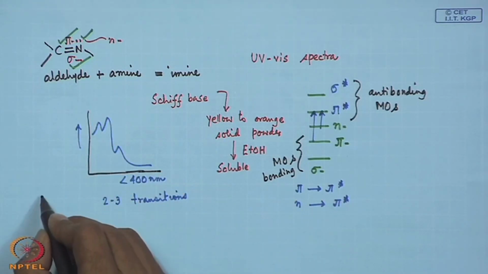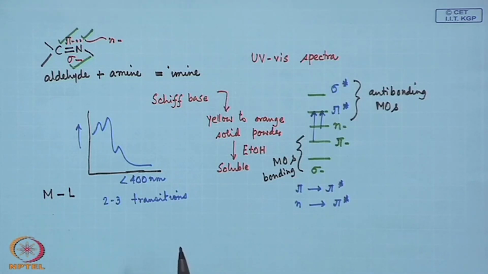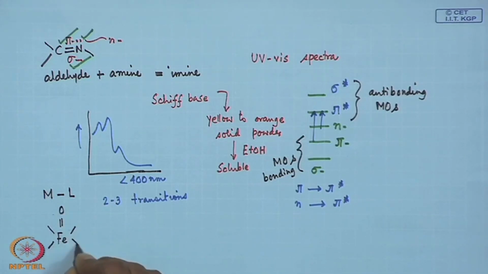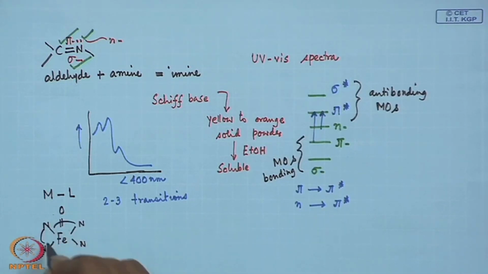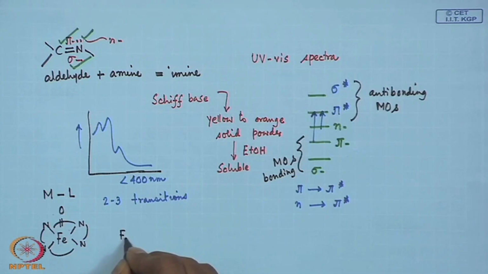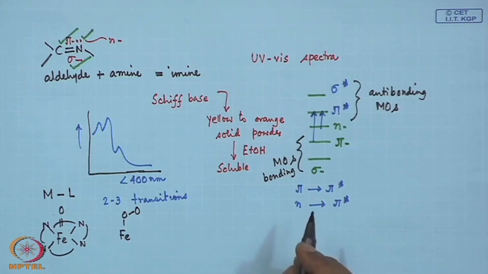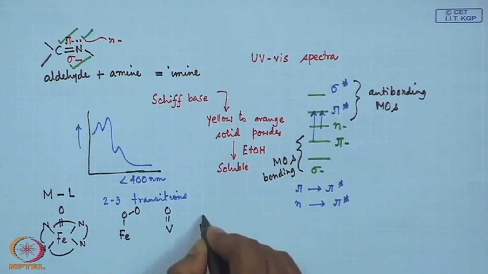Only thing that we are now having, instead of carbon nitrogen bond formation, is metal ligand interaction, and sometimes this metal ligand interaction can also be a multiple interaction. What we see in case of several iron oxo compounds which we get in biological systems is that we can have the iron oxygen multiple bond, or the iron binding in hemoglobin such as in myoglobin also, and also we can have the double bond with vanadium and the double bond with molybdenum.